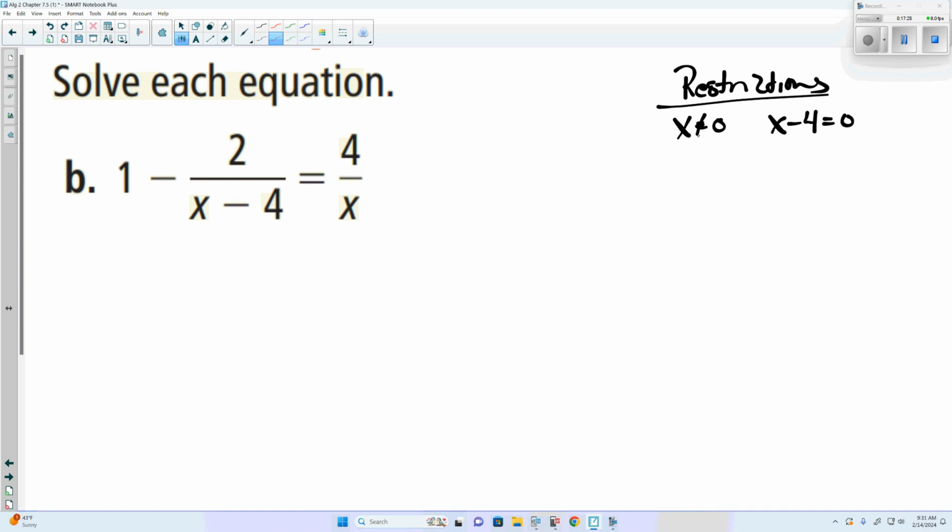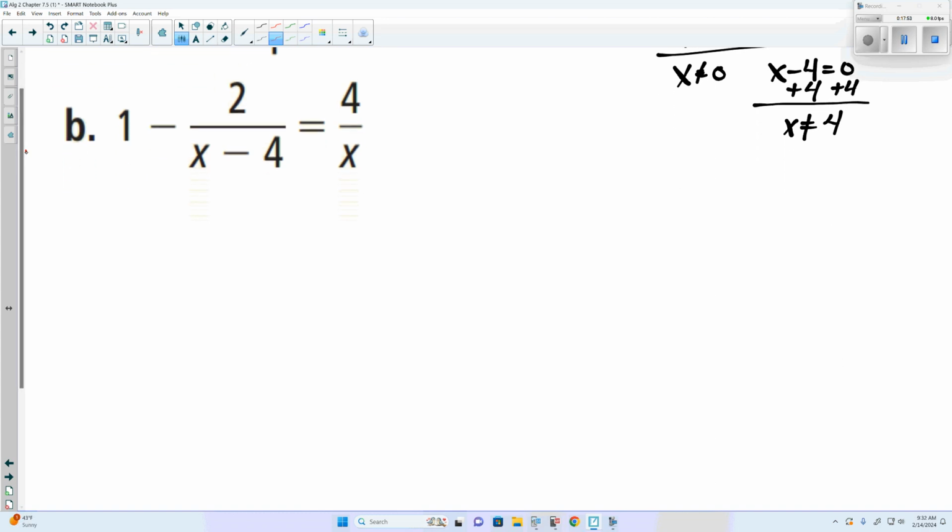We found what value of x would make that be 0, and that's just 0. X minus 4, well, to figure out what value of x would make it be 0, add 4 to both sides, telling us x is equal to 4. So if x was 4, the denominator would be 0. It doesn't work. So our two restrictions are 0 and 4.